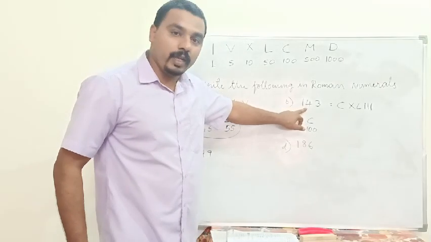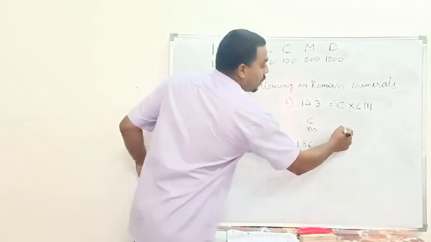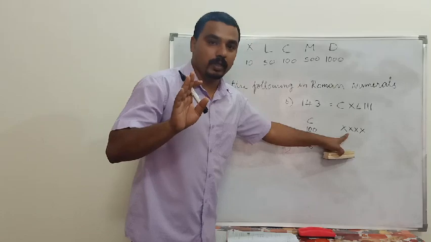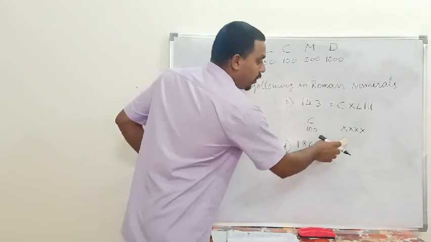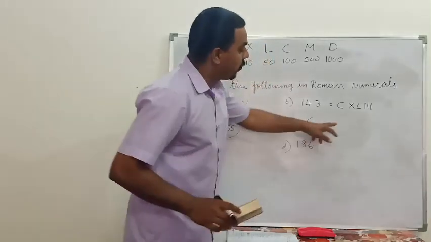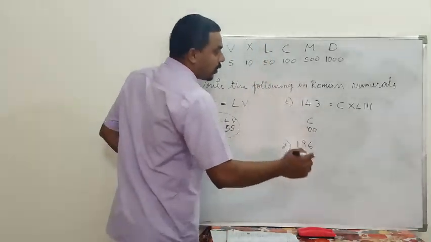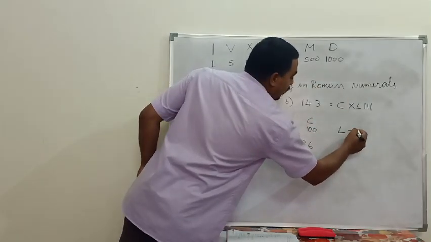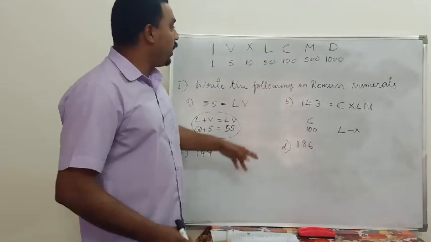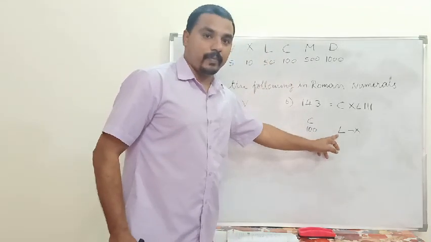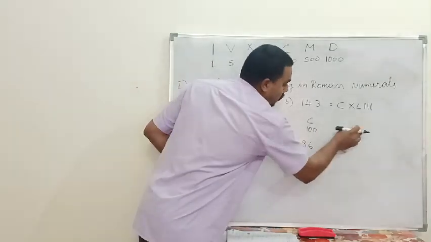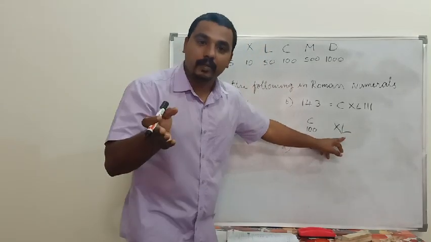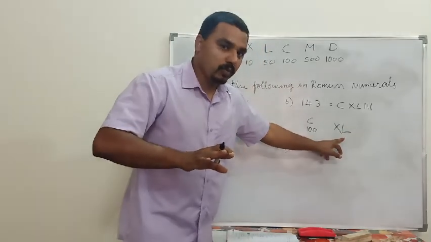And how to make 40 here? We never write 40 in this way. It can be repeated up to 3 times only. We will not put the tens 4 times. So 50 minus 10. That means when 10 comes before 50, which means 10 is subtracted from 50, that means 40.